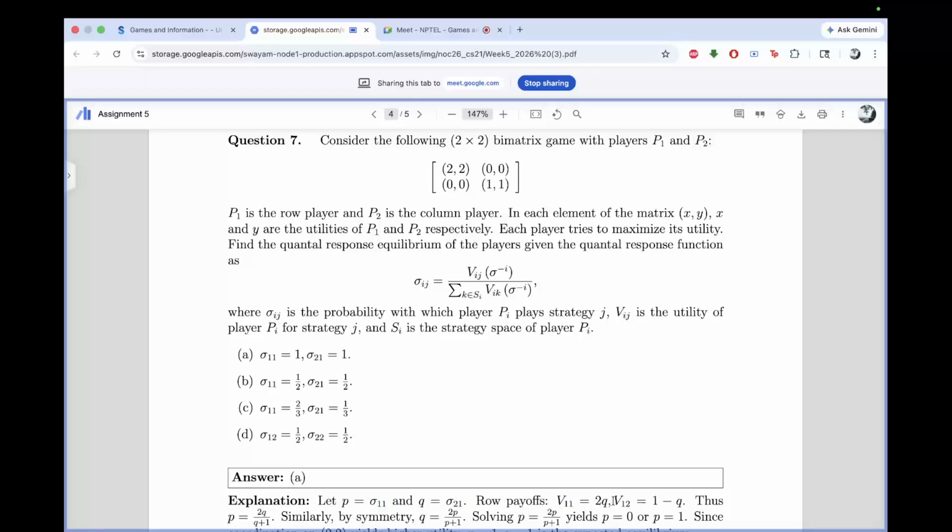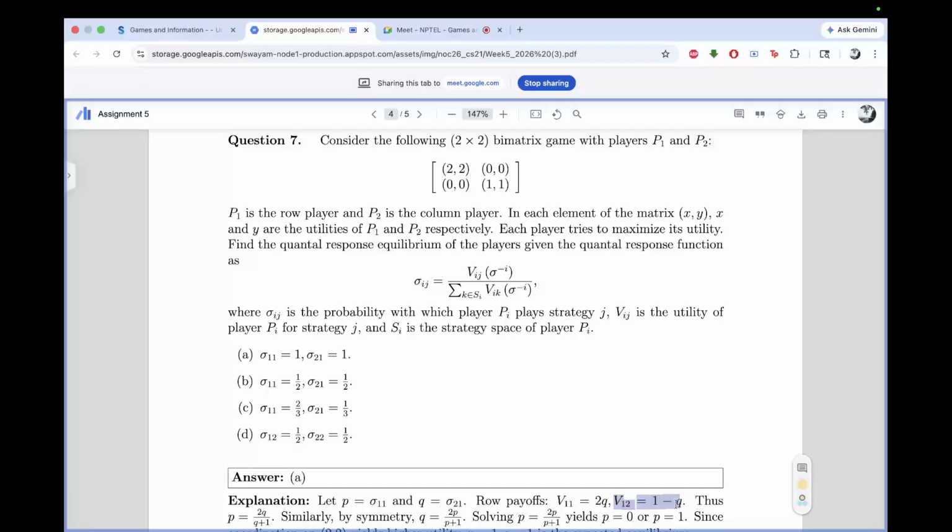And similarly V12, meaning player 1 is playing this second row, and player 2 is playing q, whatever that is. Here he gets nothing because the utility is 0. In the expected utility, this is all he gets, so this is 1 times 1 minus q, and that's exactly what he got here.